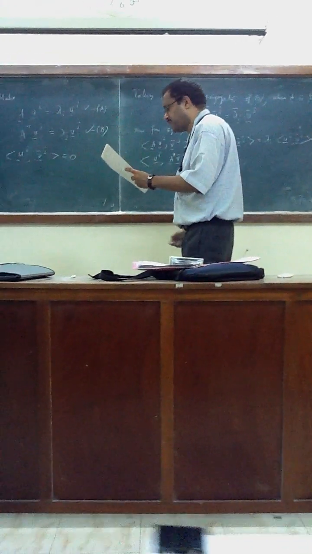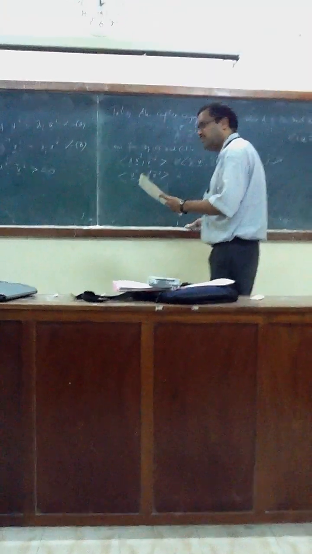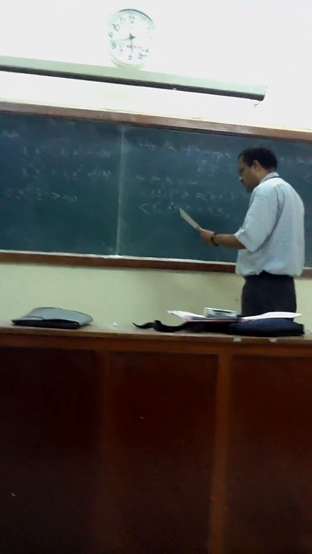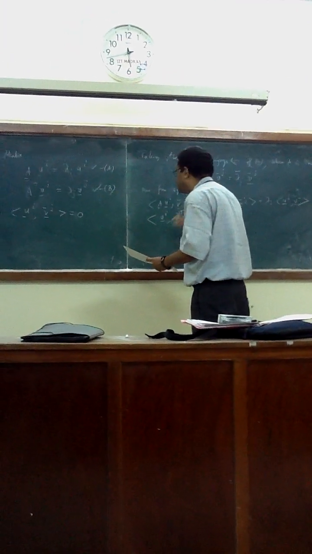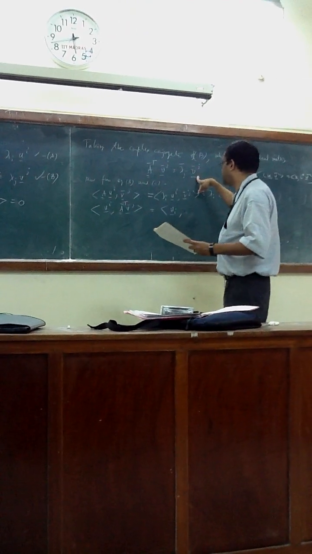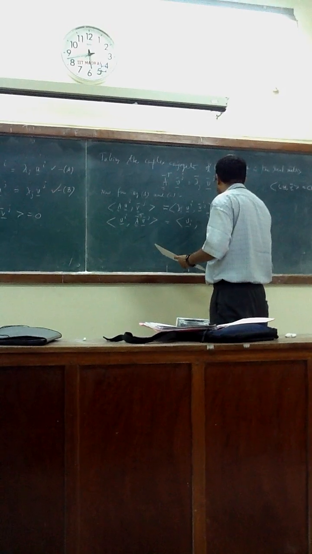Next step. A star is nothing but the transpose, which is equation C. Equation C will give lambda j bar Vj bar.